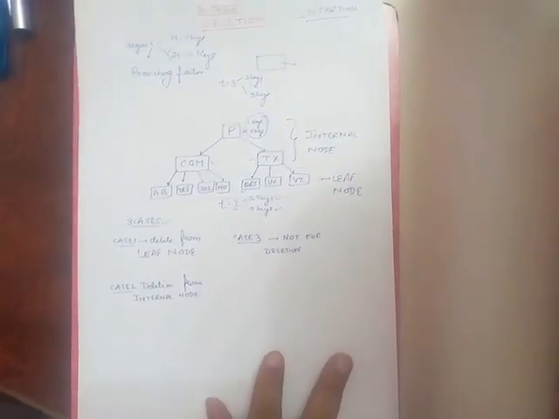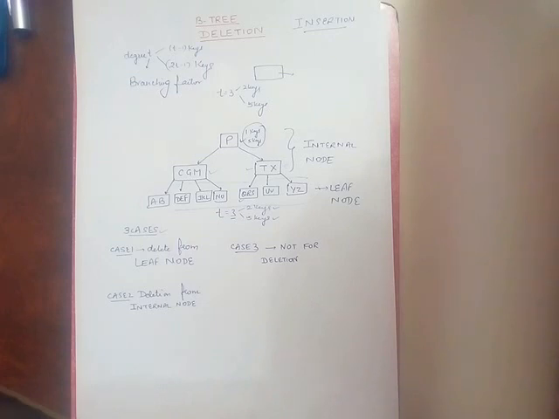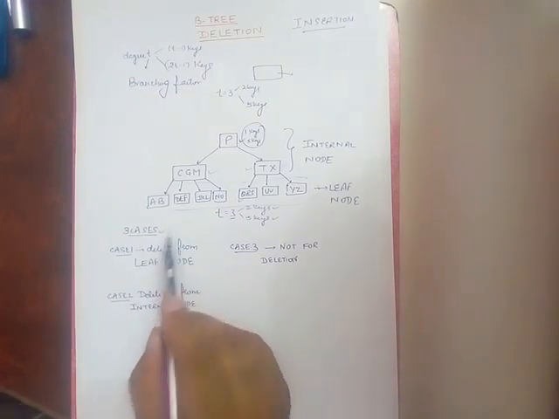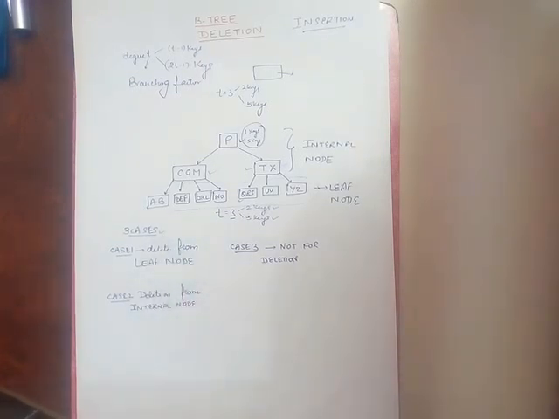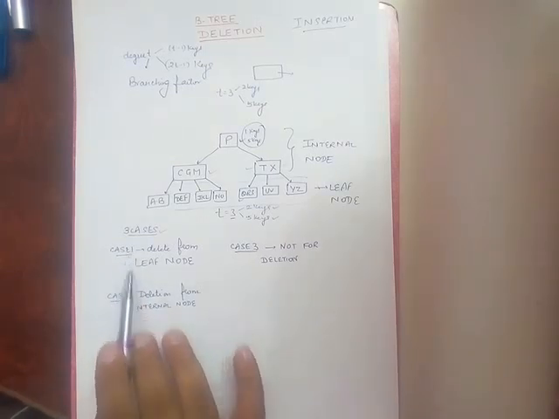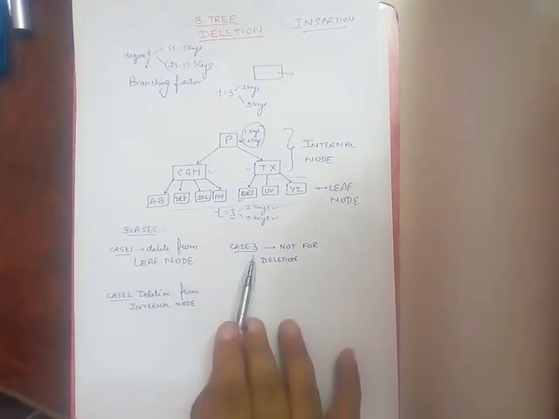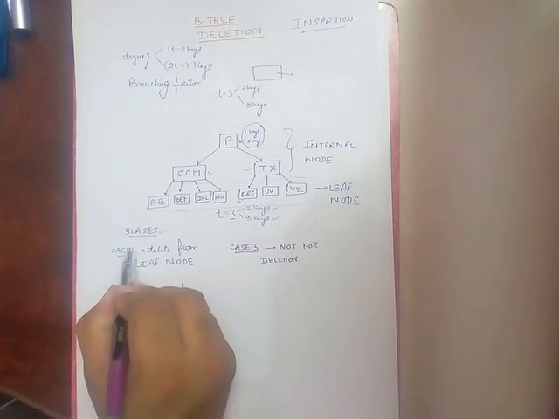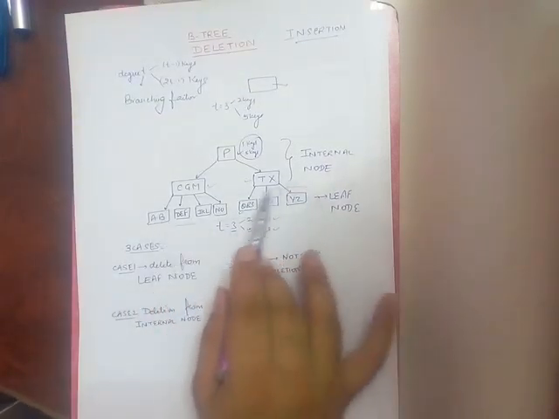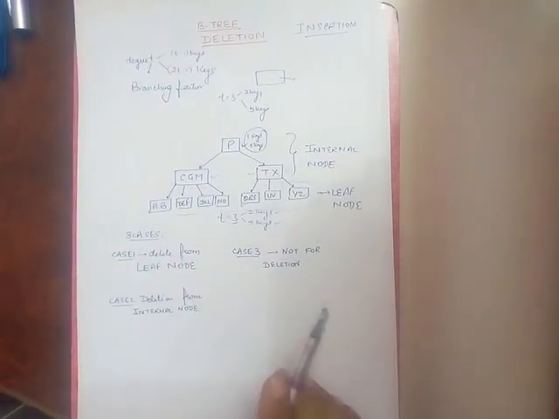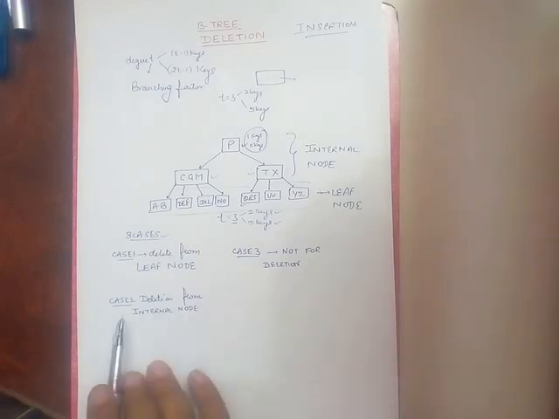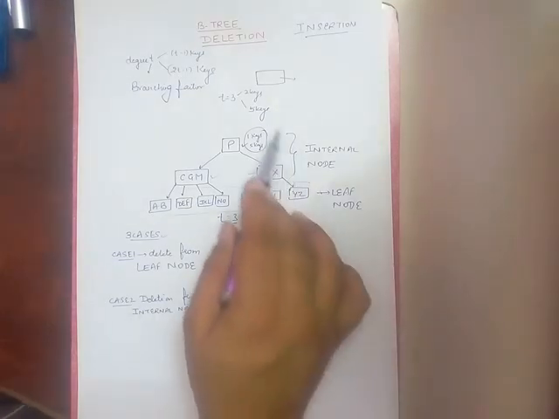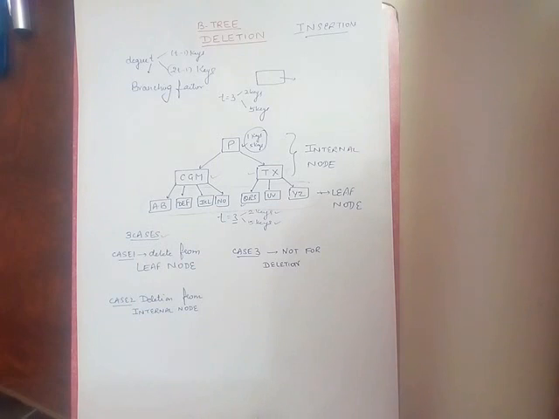While considering the deletion in the B tree, we basically consider 3 cases: case 1, case 2 and case 3. Case 1 assumes that the deletion is from the leaf node. Case 2 assumes that the deletion is from the internal node.